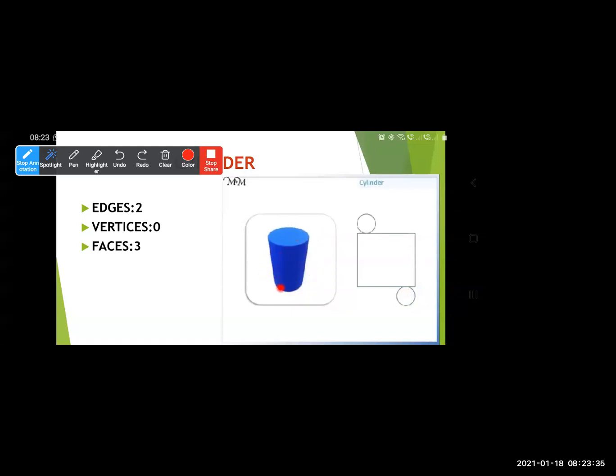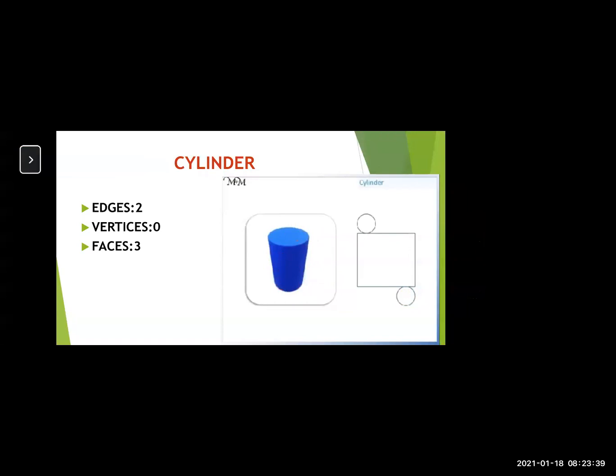So total there are 3 faces. And here, you have to remember, there are 2 edges, the edges don't meet each other, so that's why 0 vertices. And faces, we got 3 faces, that is 2 circular faces and 1 curved face.